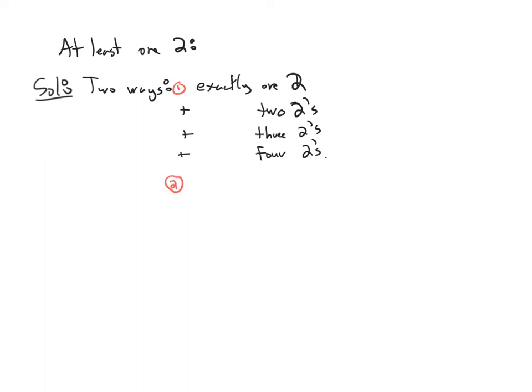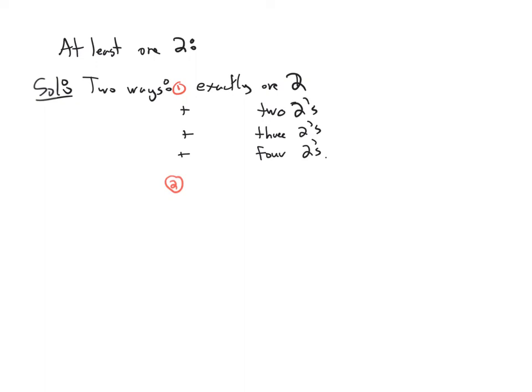So what it is, well, another way of wording this is instead of at least 1 2, we can say how many 4-digit numbers don't have 0 2s.